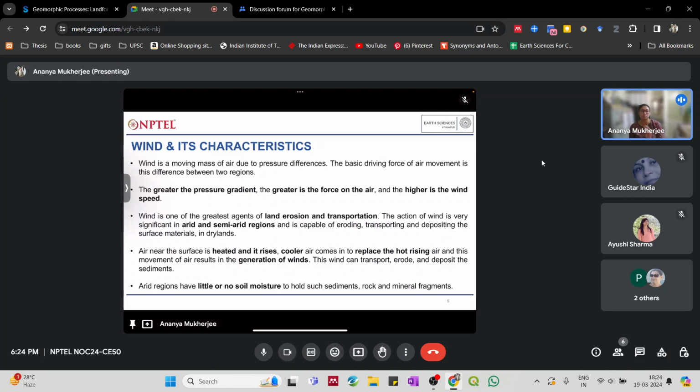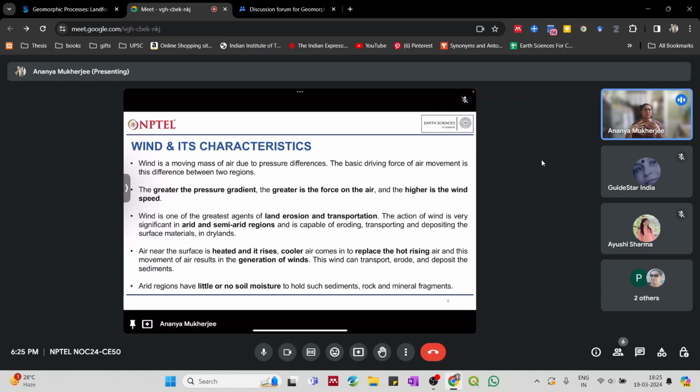So wind is obviously a moving mass of air, and this mass of air is moving because of temperature differences and pressure differences. This is the driving force behind the difference in pressures in two regions.